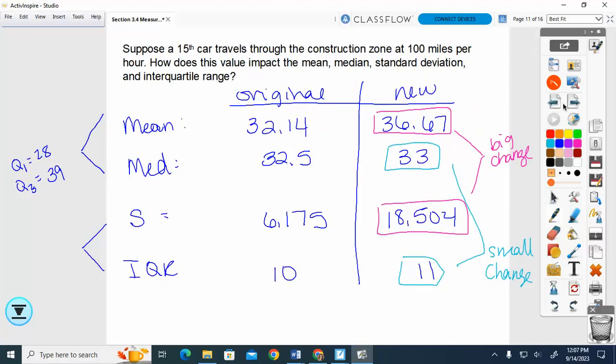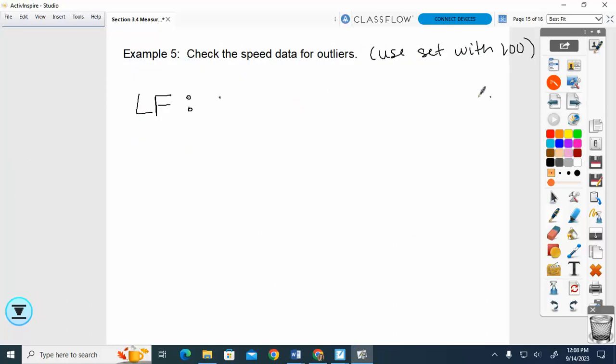Quartile 1 for that set was 28. Minus 1.5 times, what did we get for the interquartile range there? 11. All right. So we get 11.5. Do we have any values smaller, any speeds lower than 11.5? So no outliers so far.